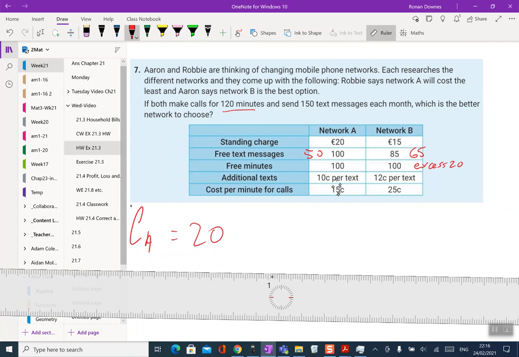Took me a while. See, so 10 cents per text. Now this is where you got to decide, are we going to stay in euro, or in cents, which I am, because I think I prefer to use the bigger unit and not use decimals. You might differ, that's okay. Now she had free minutes 100. Both made 120, so both had excess of 20.